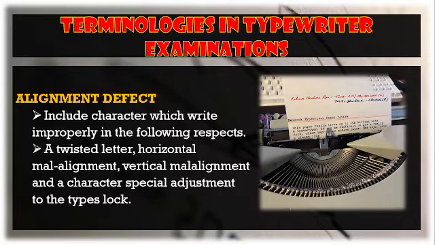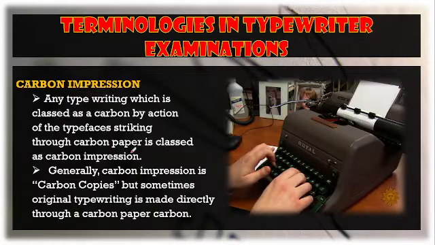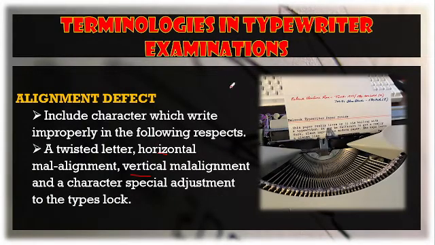So there are defects and one of it is alignment defects. So it's either there is an error on the horizontal alignment or maybe an error on the vertical alignment, or malalignment. So anyway, that is simply for the alignment defects, and ito yung isa din napapansin natin for us to identify.